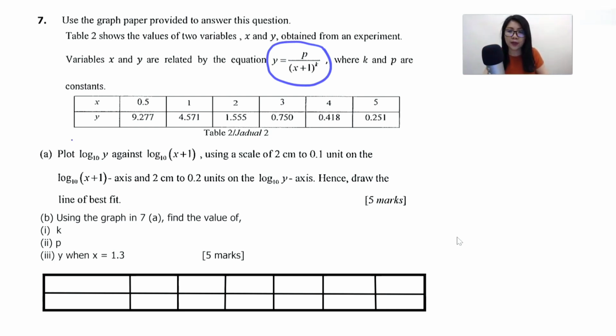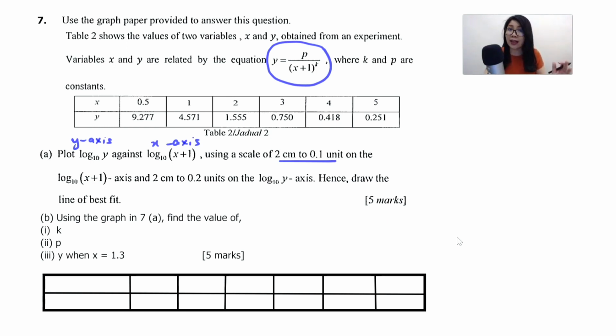So log y is going to be the y-axis, and log x plus 1 is going to be on the x-axis, using a scale of 2 cm to 0.1 unit on the log x plus 1 axis, and 2 cm to 0.2 units on the log y-axis. Hence, draw the line of best fit.